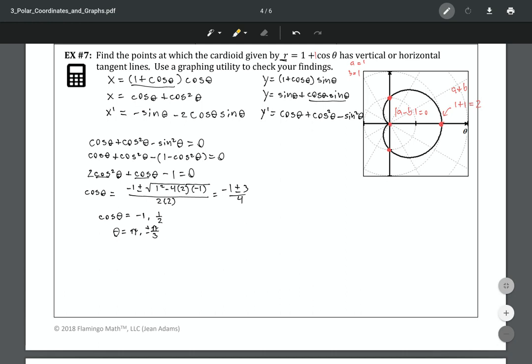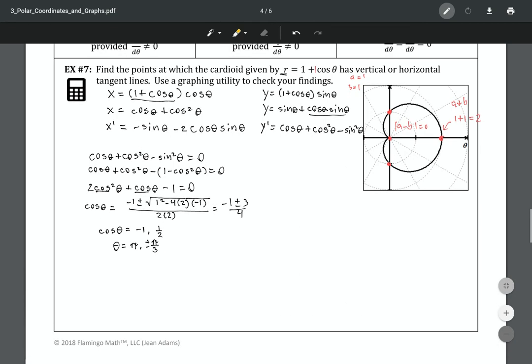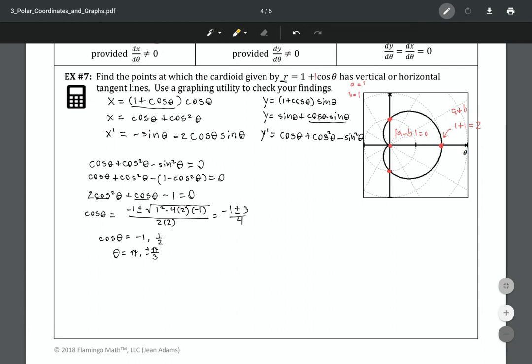Negative pi over 3 would be the same thing as 5 pi over 3, but we're just going to leave it like that. If you wrote that, that's fine, it doesn't matter. Now we're going to do the same thing to find my vertical tangent. So this is for the horizontal part, and this is for the vertical part.